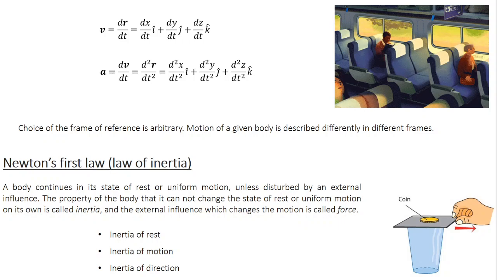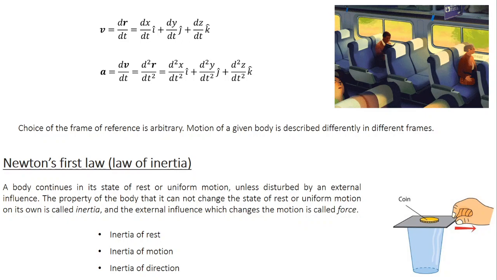There are three types of inertia. First one is known as inertia of rest. I'm sure you all would have experienced this at least once in your life. Suppose you are standing inside a bus and the bus is at rest. Suddenly, if the bus starts to move forward, what happens?